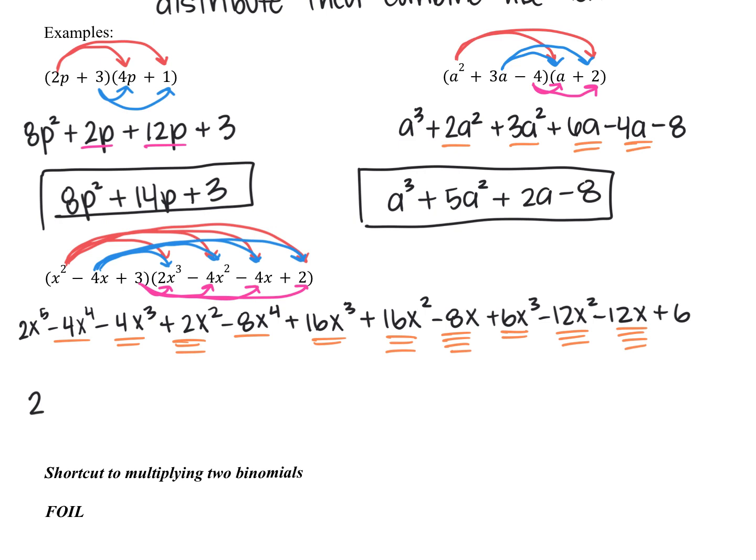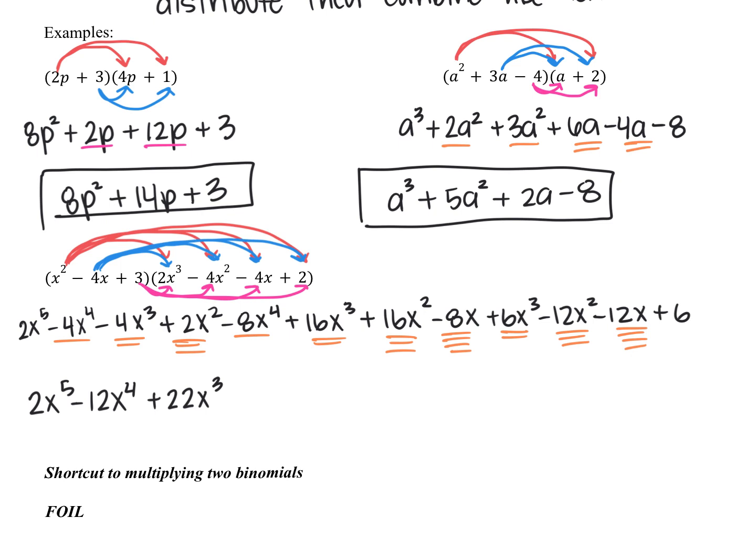So that ends up being 2x to the 5th, so there's no like terms there. Negative 4x to the 4th minus 8x to the 4th is negative 12x to the 4th. Negative 4x cubed plus 16x cubed is 12x cubed, plus 6x cubed is going to give me 22x cubed.